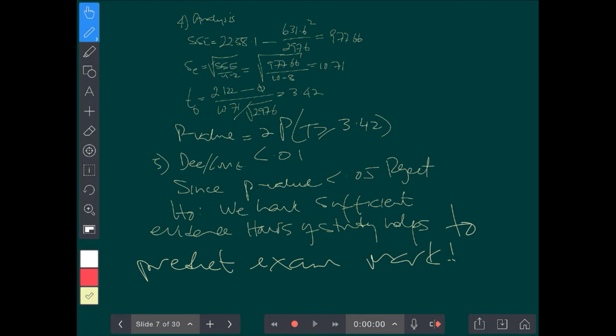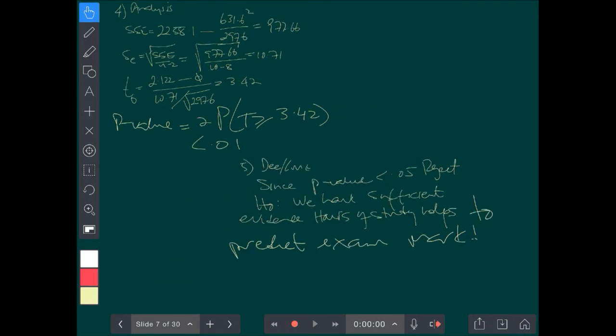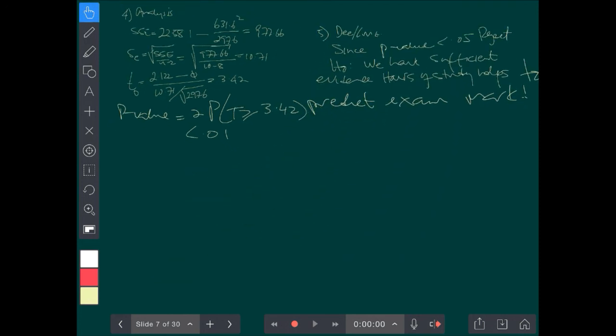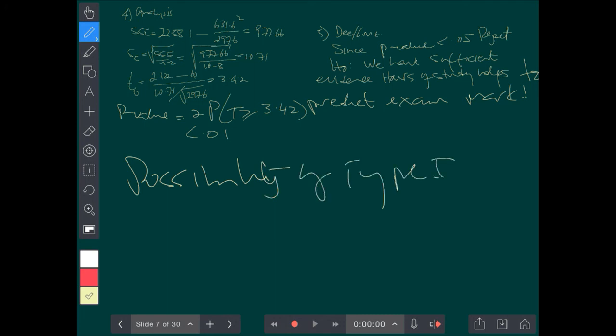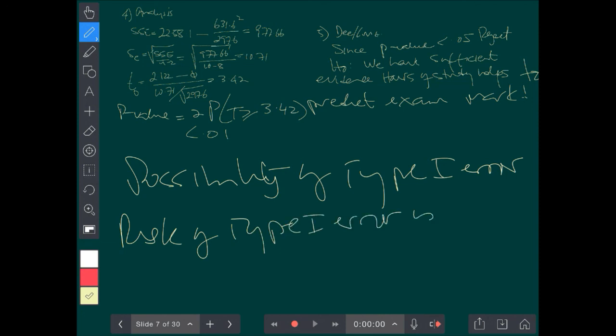Good. And here again we have the possibility of a type 1 error, which we already did mention. There's a possible type 1 error, and the risk of a type 1 error is the p-value, which is less than 0.01.